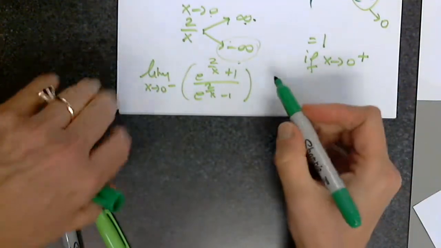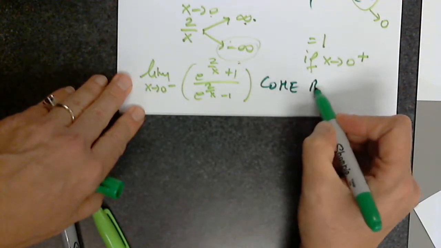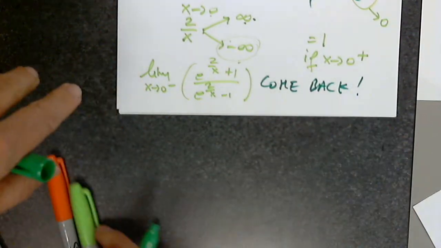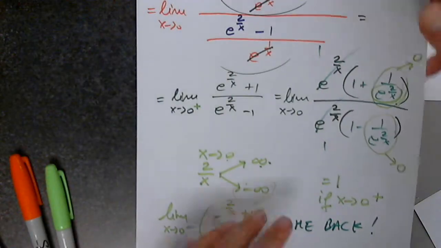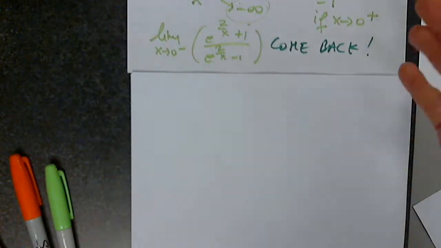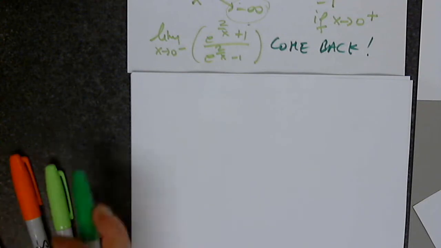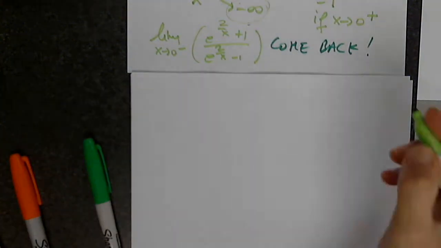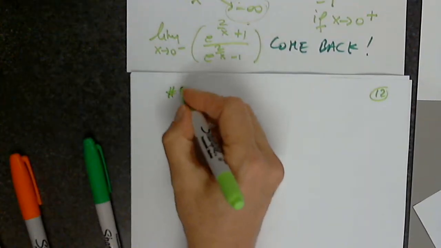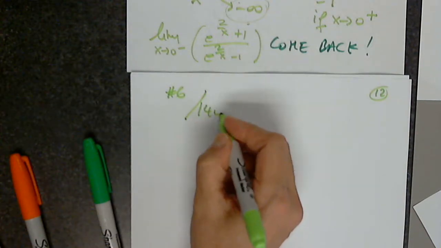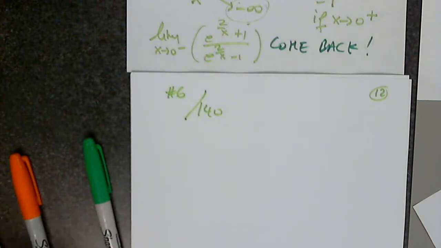So I'll say here, come back. Please remind me when I return the test, or sometime, maybe you want to discuss this before we start the test. That's fine too. Okay, so we are looking at problem 6 on page 140.